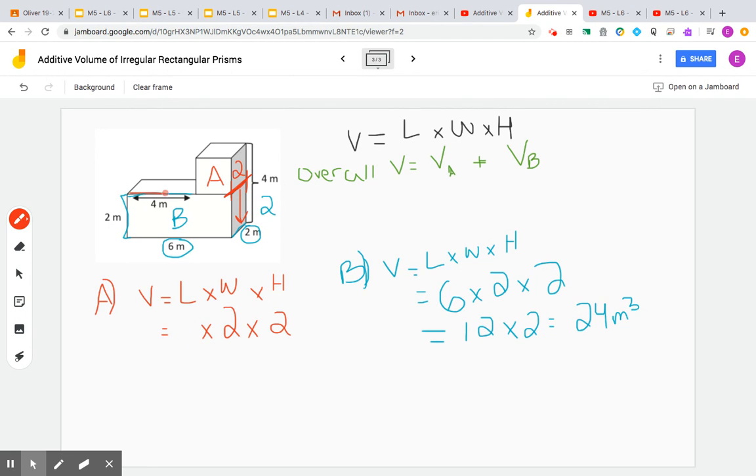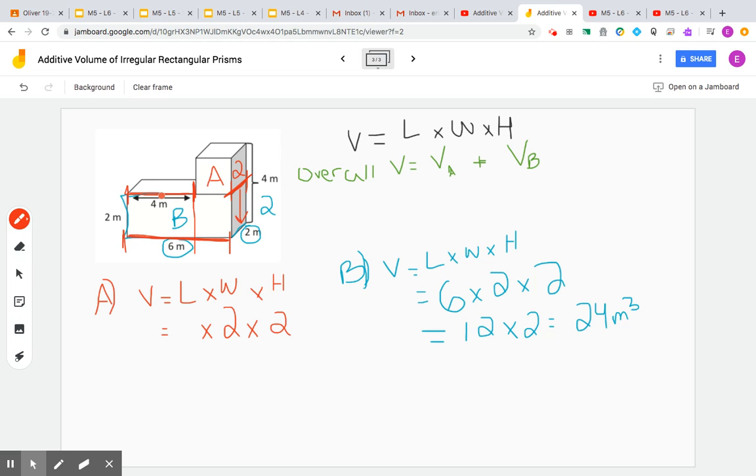I know that this part right here is 4 meters. But that doesn't tell me how much is this little section. However, I know that the entire length of B is 6 meters. So, if B is 6 meters, that means this side has to be 6 meters total, because the lengths match on a rectangle.